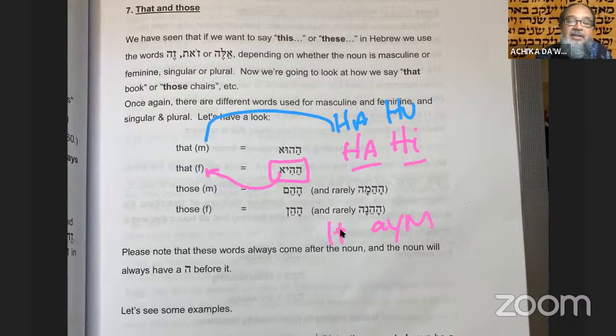So ha what? Haaim. Forgive me, I thought I was looking at something else. Haaim.